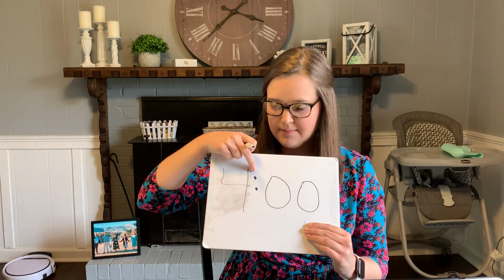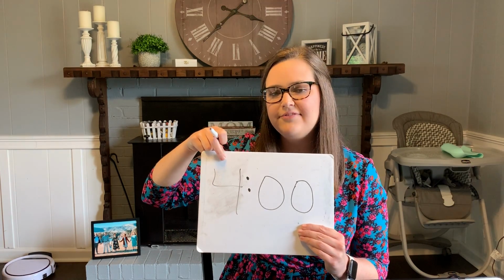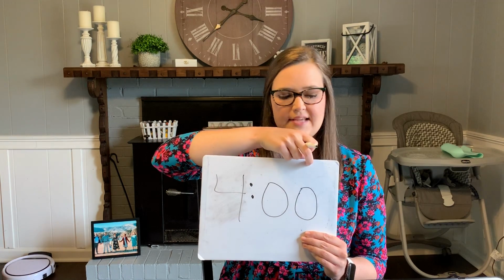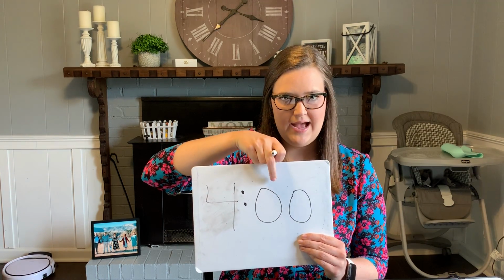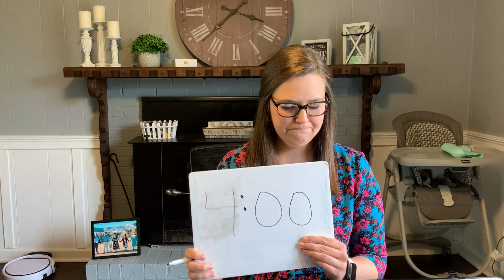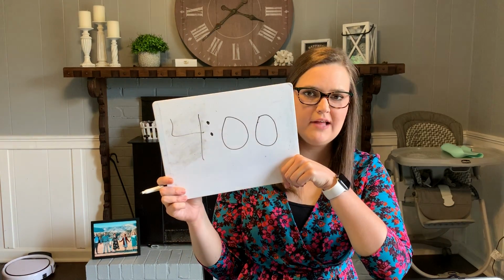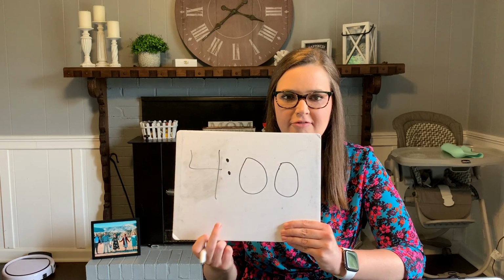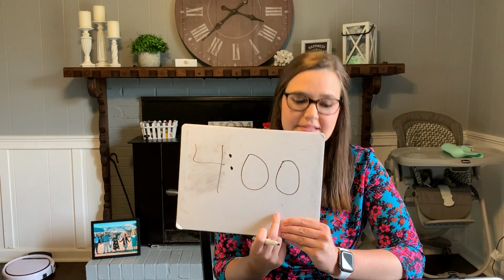We have our colon in the middle, our hour on the left-hand side, and then the 0 on the right-hand side. That represents our minutes, our o'clock. Since it is 4 o'clock, we can represent that by 4:00.